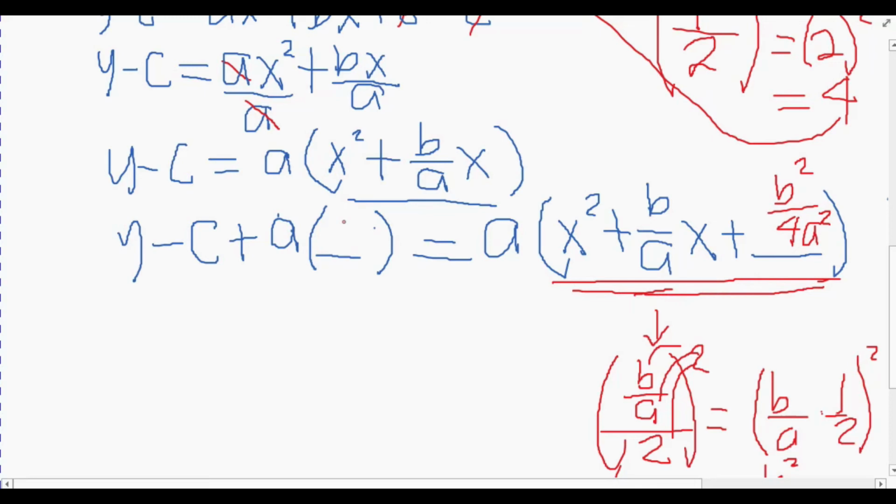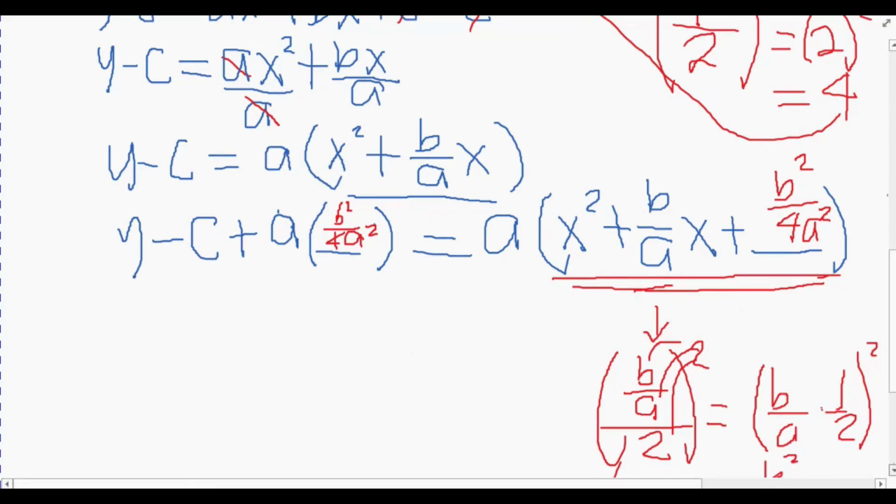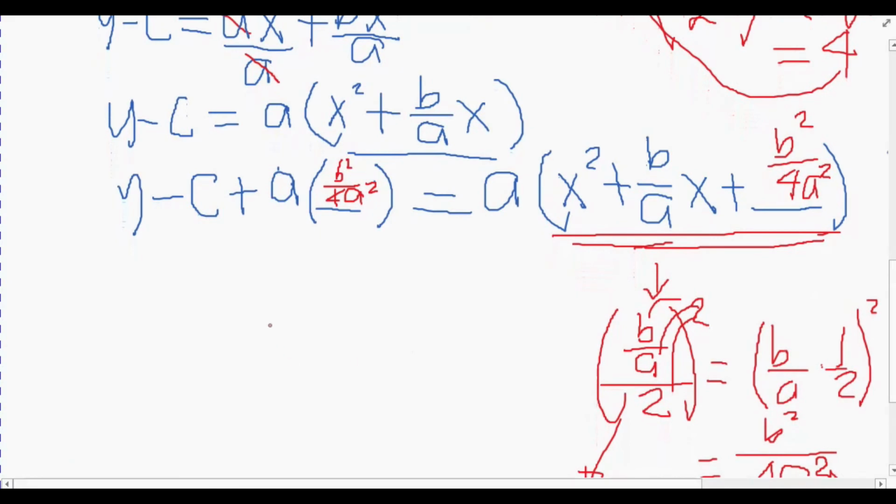So we also add b squared over 4a squared here. Okay, I hope it is clear. Then in this part we can cancel a.